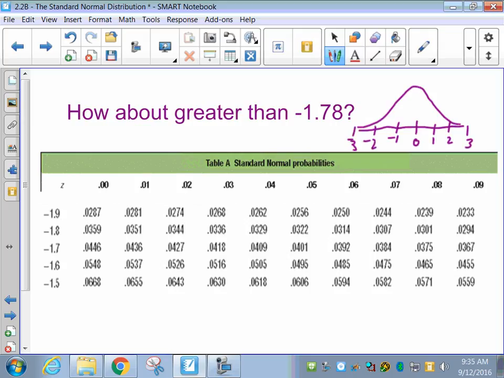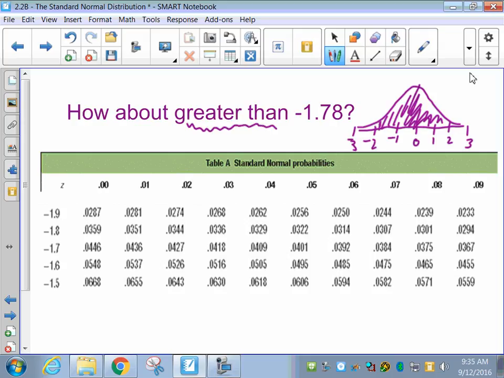So this one's kind of close to -3, and we're going greater than. Now, this is important. This is a common error on the AP exam. So greater than, you guys, what does this table actually tell us? Less than. This table always tells us less than.